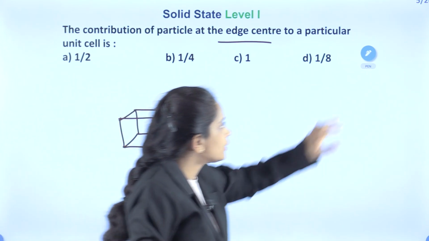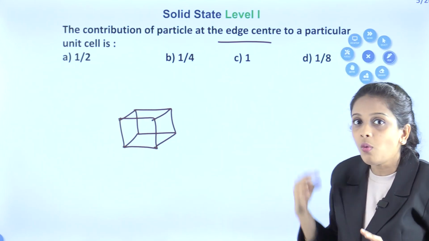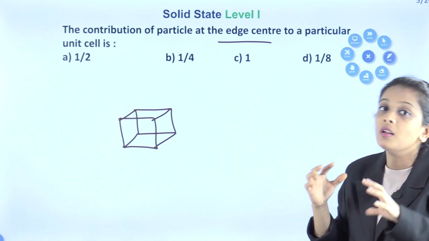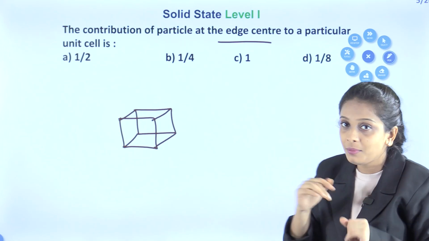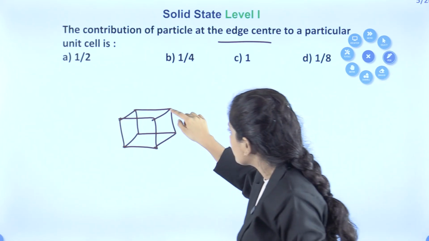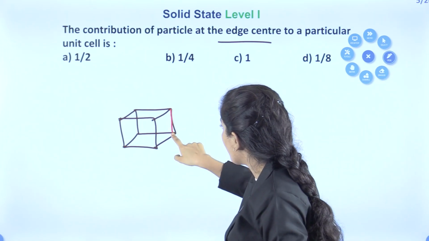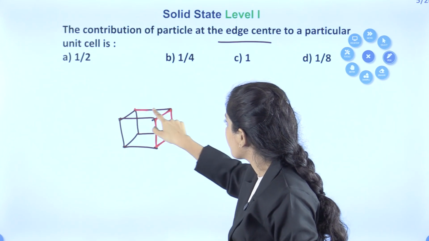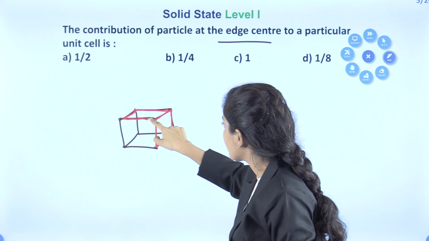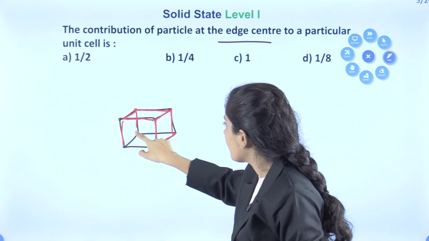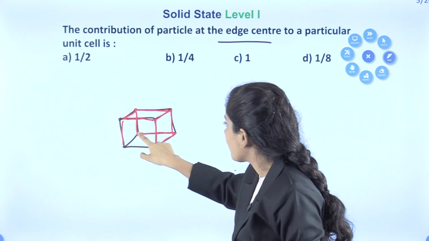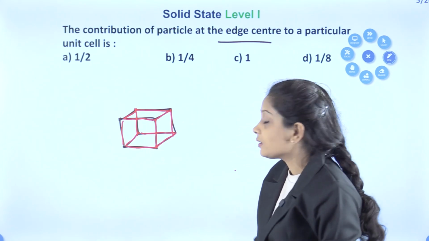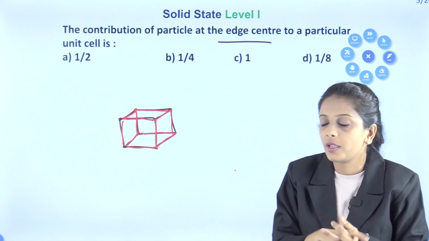In this cube, students, we are trying to know how many edges are present, or what edge center actually means over here. So see, over here in this case we have 1, 2, 3, 4, 5, 6, 7, 8, 9, 10, 11, 12. These are the edges which are present.